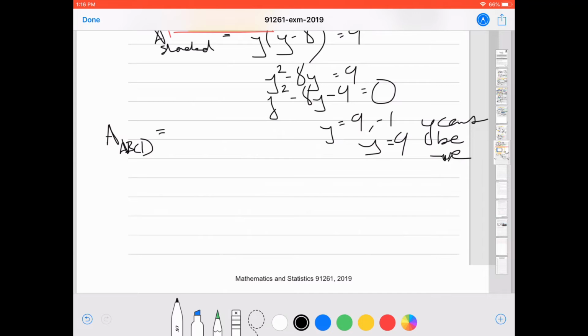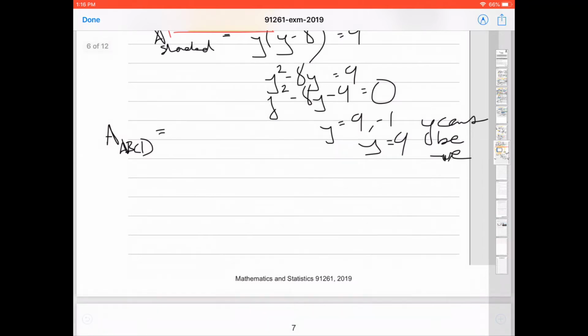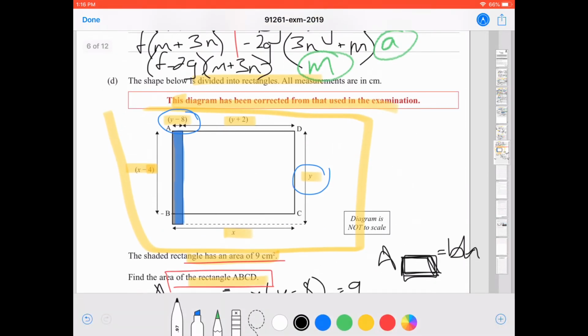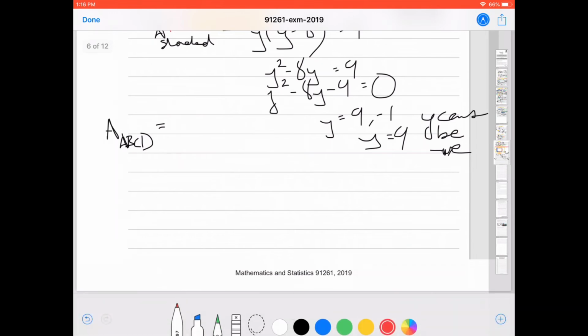We can have a look at our diagram here. ABCD, that's this shape, and we've got dimensions of x minus 4 and x here. So let's just jot that down, x times x minus 4.